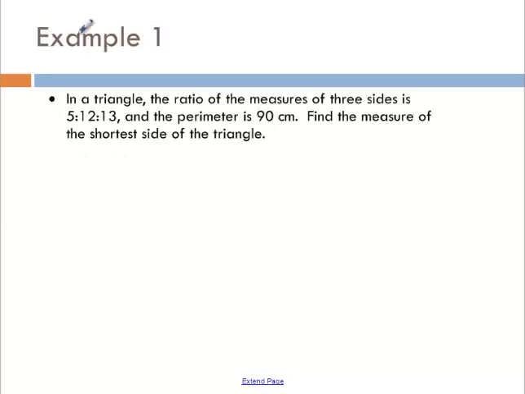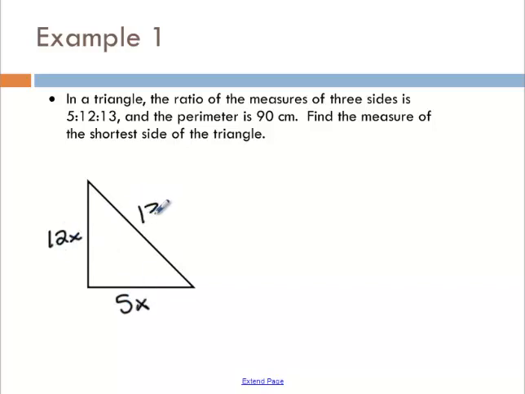So let's look at an example that's actually talking about triangles now. We have a triangle with three sides in a ratio of 5 to 12 to 13, and the perimeter is 90. Whenever we see a ratio, as we've done in previous chapters, we always put an x after it. Those have to add up to the perimeter.